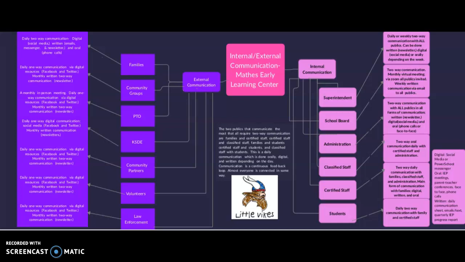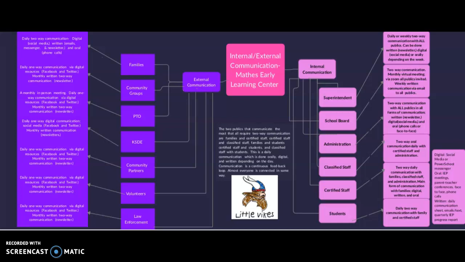If anyone, staff or students, or even families, have a question or a concern, they can either go into her room, email, or call her. Right now parents can schedule meetings to go in pretty much whenever they want throughout the day. So she is very open with all of her communication.